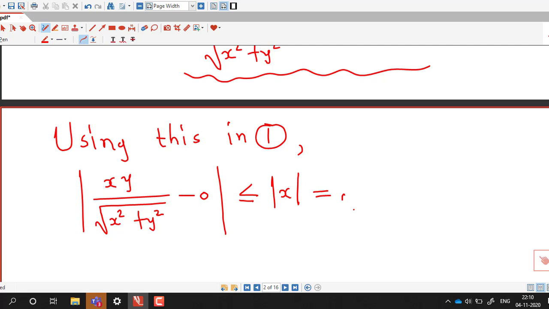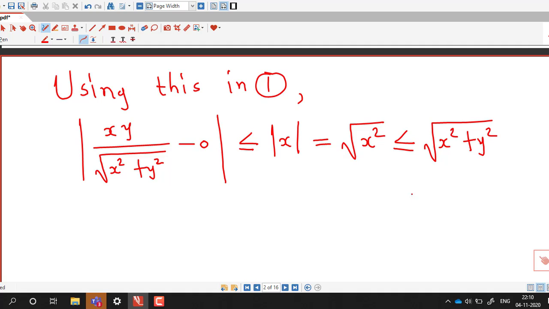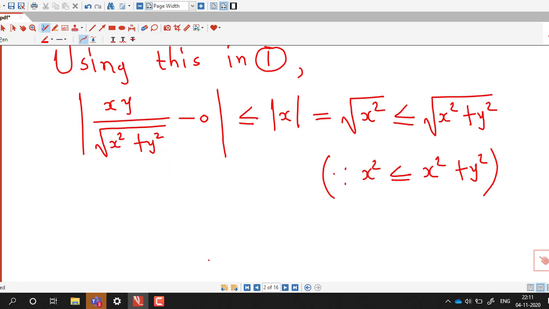Now absolute value of x is square root of x square, and as we know x square is always less than or equal to x square plus y square. So square root of x square is less than or equal to square root of x square plus y square.